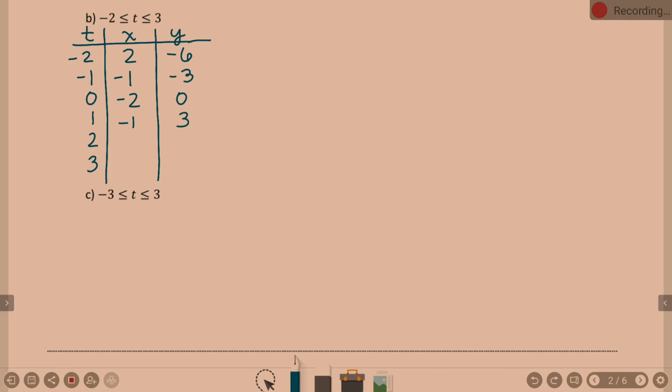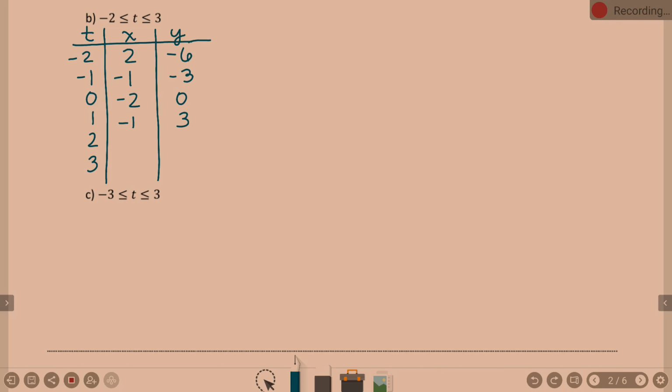Okay. So if you look up above, -2 had an ordered pair of 2, -6. -1 had an ordered pair of -1, -3. 0 had the ordered pair -2, 0. And 1 had the ordered pair -1, 3.